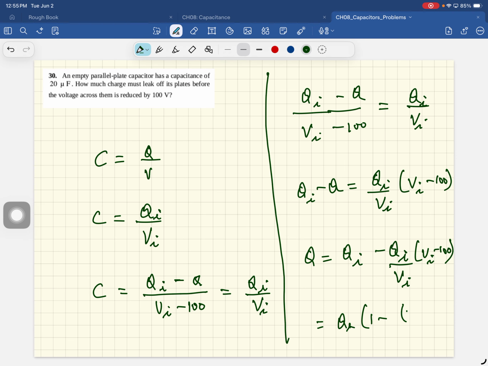Parallel combination is, effective is C1 plus C2 and so on. And the series combination formula is 1 over C equal to 1 over C1 plus 1 over C2 and so on. So when you combine these two, it's just 15.75 microfarads. That's what that reduces to.